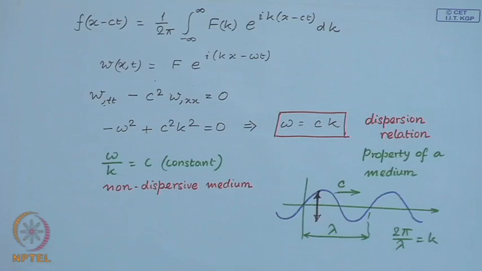Now, if that is independent of the wavelength or the frequency, then something interesting happens. All waves, that means waves of all wavelengths, as I have discussed, a general pulse can be thought of as a superposition of harmonic waves of different wave number, which means it is a superposition of harmonic waves of different frequency as well, because frequency and wave number are related for a medium.